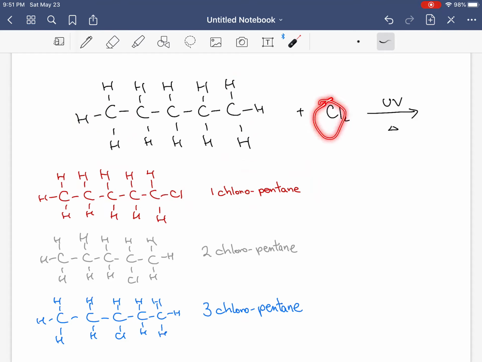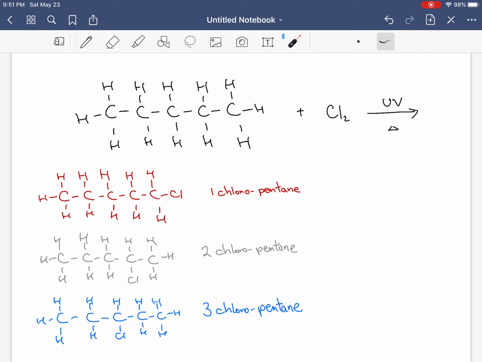Now, if chlorine were to substitute this hydrogen, you will get this compound, which is, of course, named 2-chloropentane. Chlorine can also substitute this hydrogen to give you 3-chloropentane. Now, can I substitute this hydrogen?